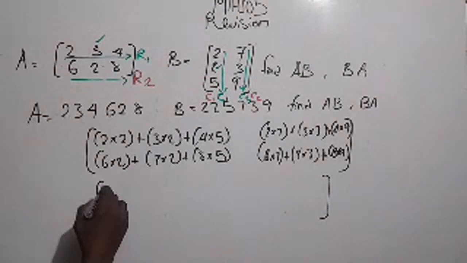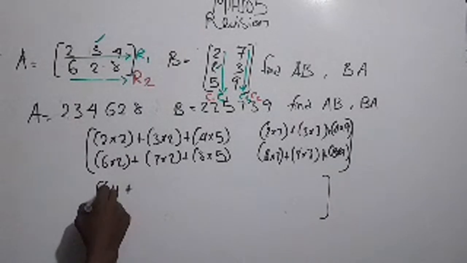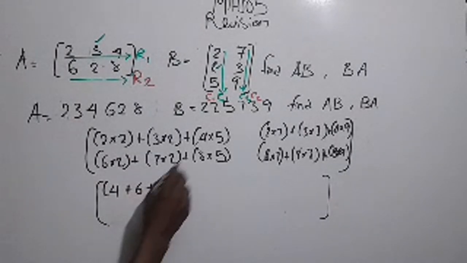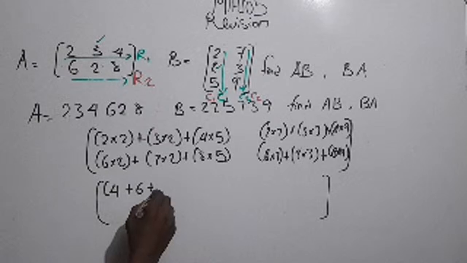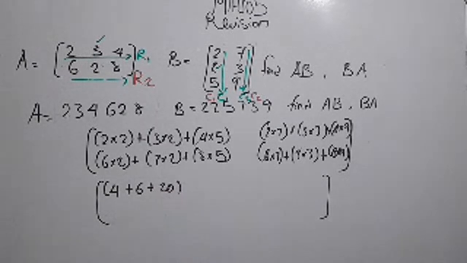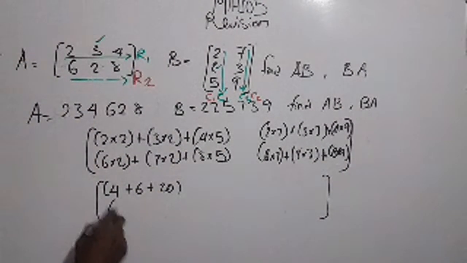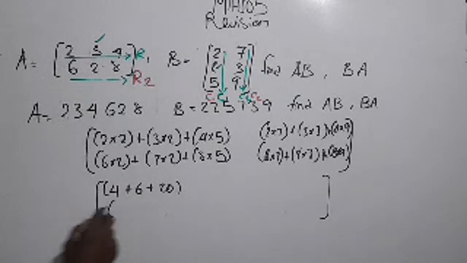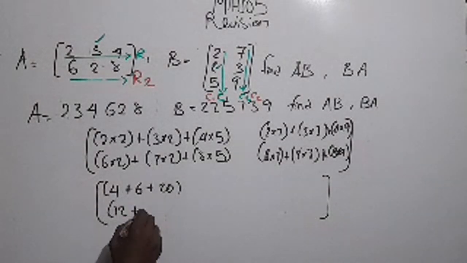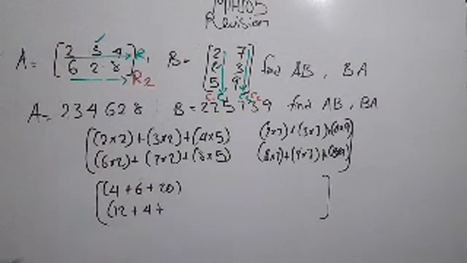This should give you 4 plus, this should give you 6 plus, this should give you 20. So we have that for this row. For the second row, this should give you 12 plus, this should give you 4 plus, that should give you 40.